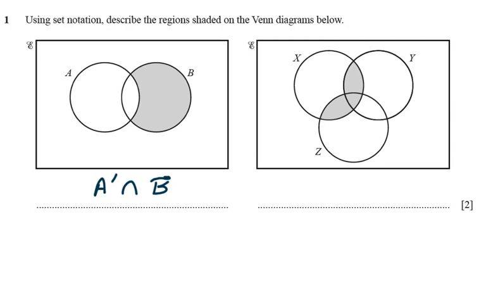The next part of the question, first we can look at there is an intersection between X and Y. So we write the intersection between X and Y. Continuing with the second part, the intersection will be between X and Z. So both are inclusive, hence we write the symbol as union.